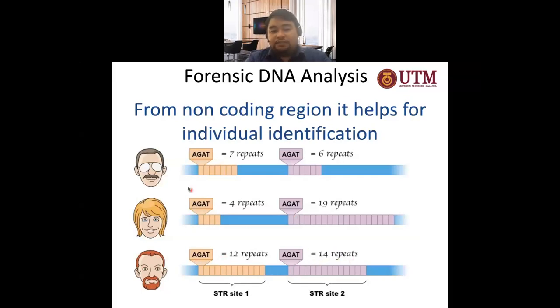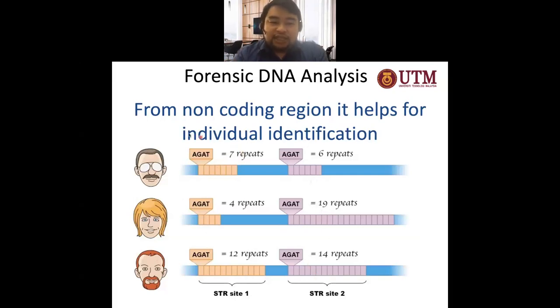So all of these persons have different compositions of intron and exon. These differences in intron and exon would create your identification.